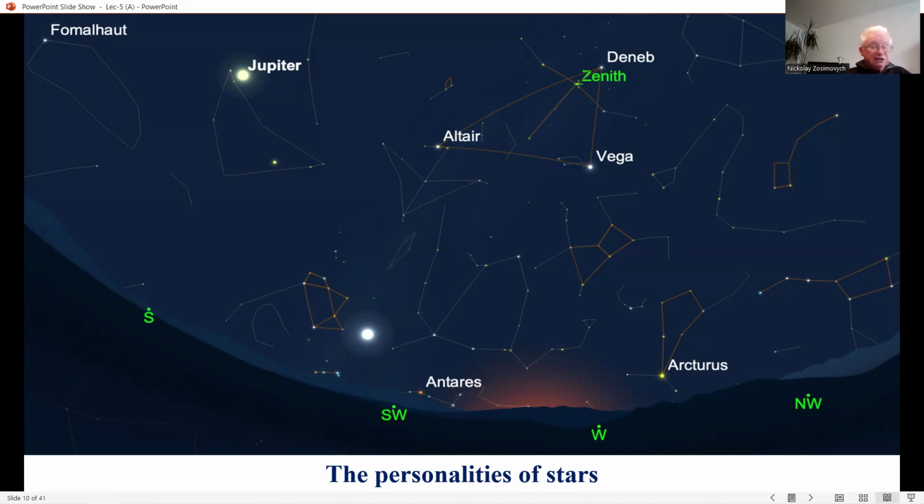Yet the intrinsically faintest stars have absolute visual magnitudes of +15 or fainter. They are 10 magnitudes fainter than the sun, meaning they are emitting 10,000 times less light than the sun.